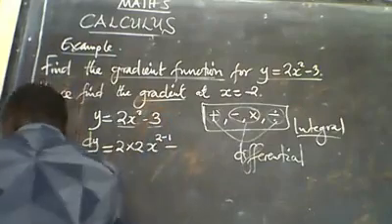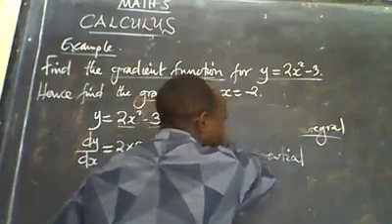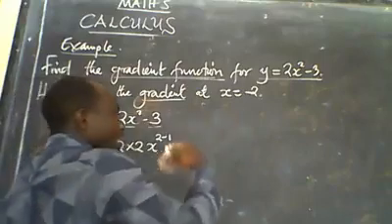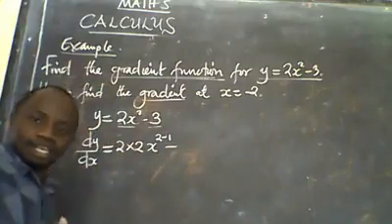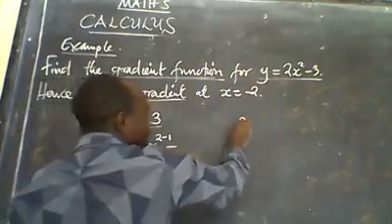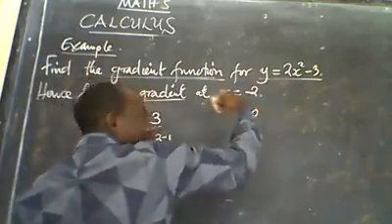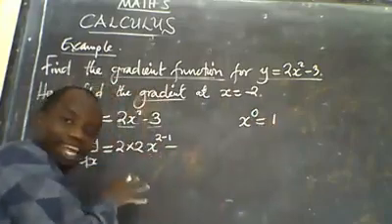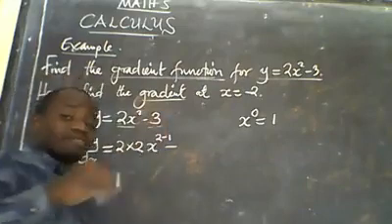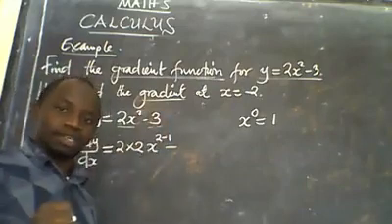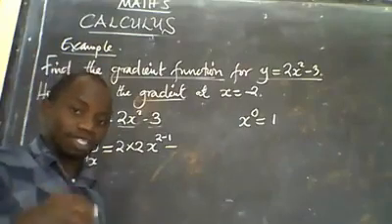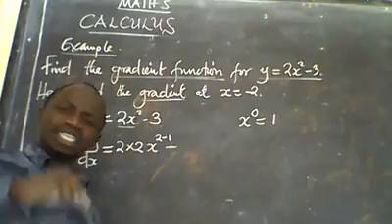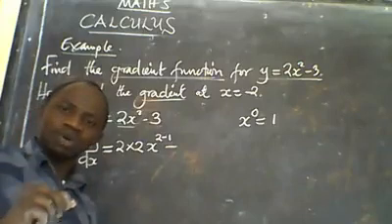The rule now that I'm supposed to tell you is this. The index law says any number or variable raised to power 0 is always 1. Do you remember that? Under this, if you are differentiating a constant, meaning just a number without a variable, the answer is always 0. So differentiating a constant, the answer is always 0.